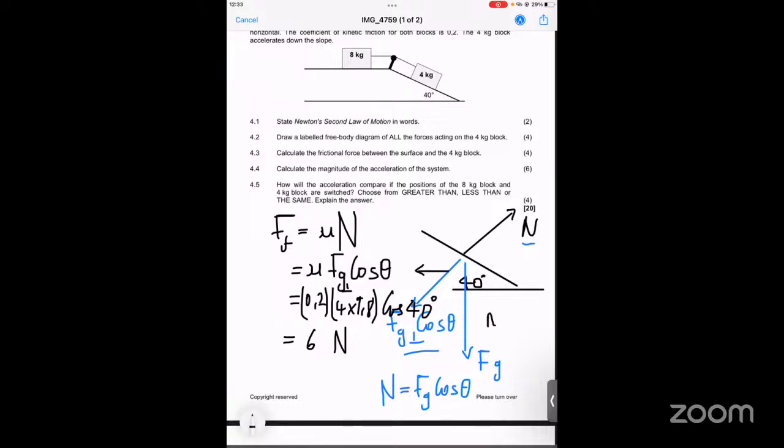You just did mg without cos, without mu. No, sir. I calculated the Fg perpendicular and stated that it is equal to the normal force. And then I took the coefficient and multiplied it by the normal force. And then you did not say cos 40. I did say cos 40.